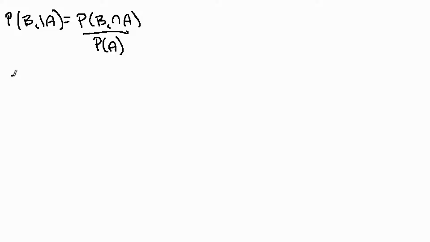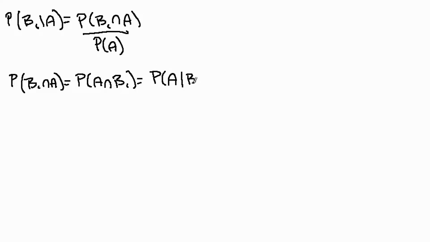When I look at the top, I note that the P of B1 intersection A is just equal to P of A intersection B1. And by definition, that's P of A given B1 times P of B1. Just go back and look at the definitions there and we'll see that. Now, here's the tricky part. What is P of A?